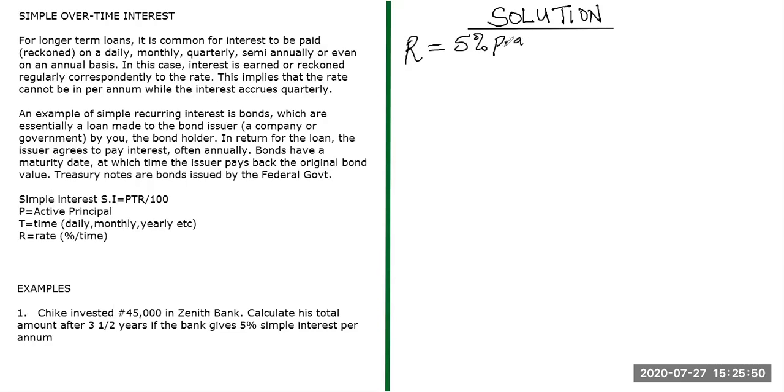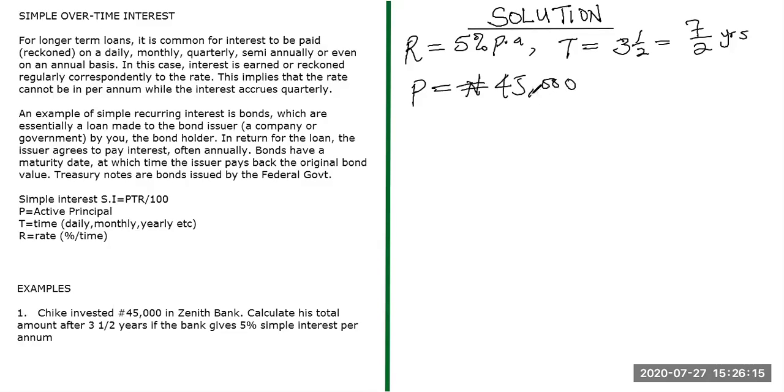That means every year. And our time, our T, is equal to 3.5 years. And 3.5 years is 7 over 2 years. So you can see that our time and our rates are compatible. Then our principal is equal to the amount he invested, 45,000 naira.